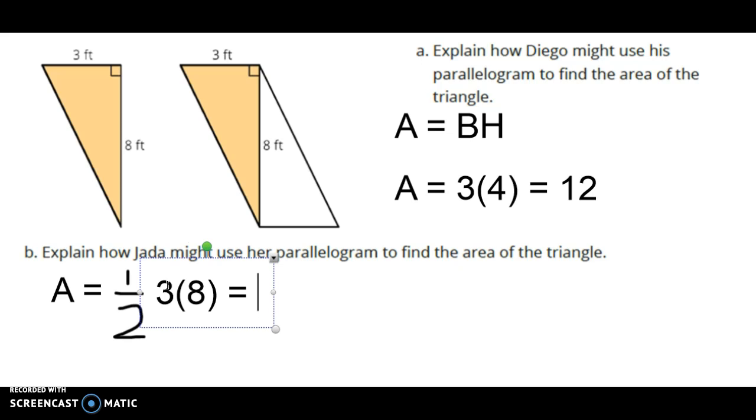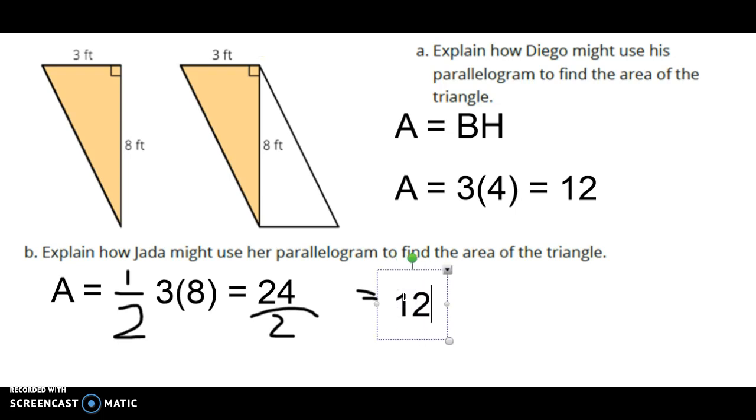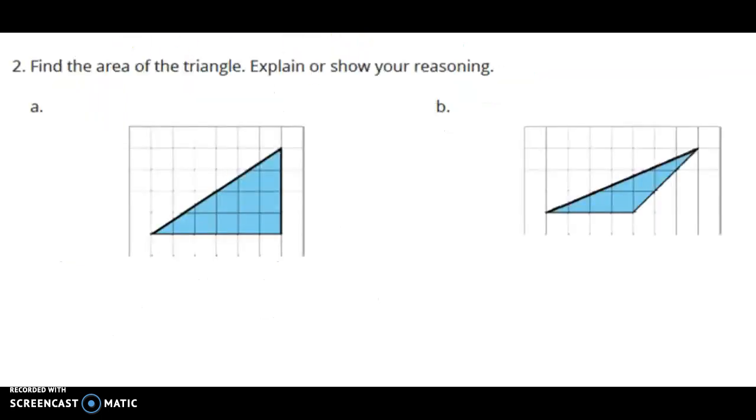So what that's going to give me is half of 3 times 8, or 24, divided by 2, which equals, sorry, it's a little messy, which equals 12. So did they both get the same answer? Absolutely. They just did it in different ways.